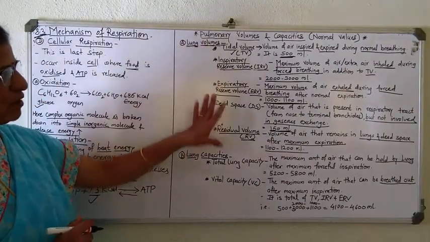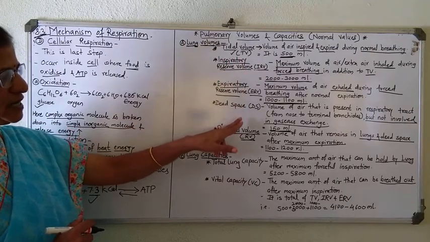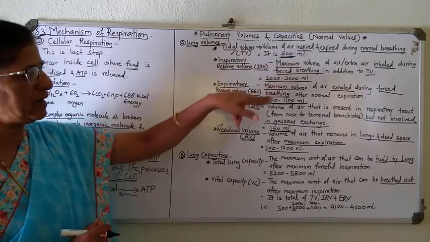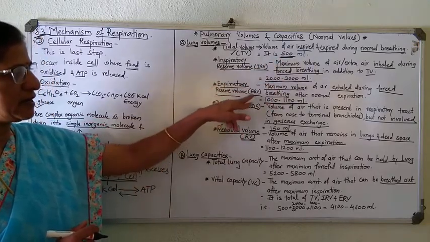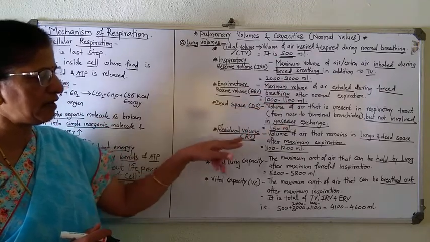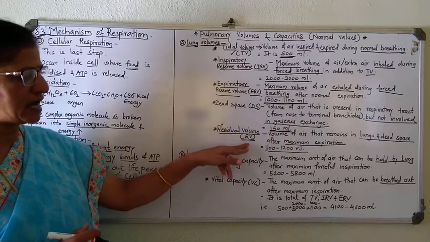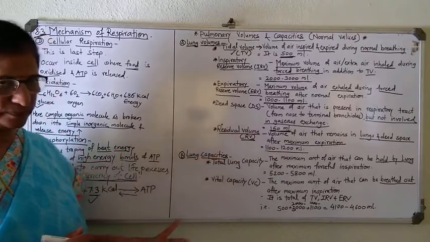So these are the lung volumes: TV, IRV, ERV, DS, RV. TV is about 500 ml, IRV is about 2000 to 3000 ml, ERV is about 1000 to 1100 ml, DS is about 150 ml, and RV is about 1100 to 1200 ml.